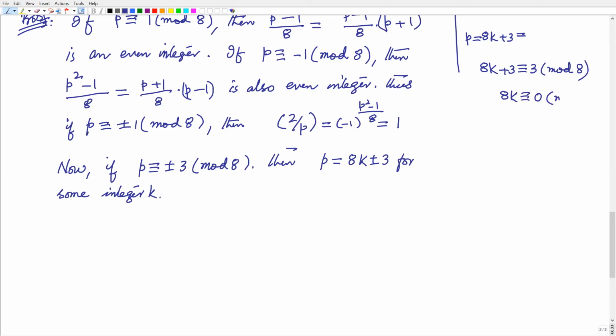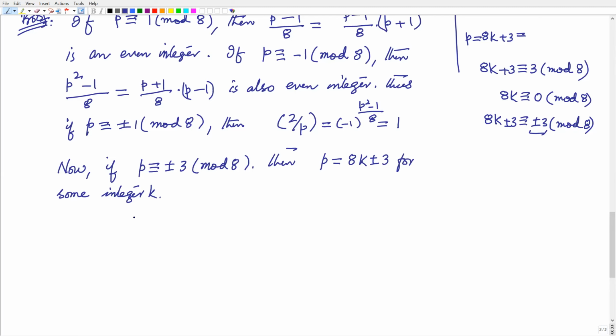So we have 0 modulo 8 here. So if we add plus minus 3 here, we will have plus minus 3 here modulo 8. So whenever the prime is of the form 8k plus minus 3, then we will have remainders plus minus 3 here. Okay. So if p is congruent to plus minus 3 modulo 8, then p is of the form 8k plus minus 3.